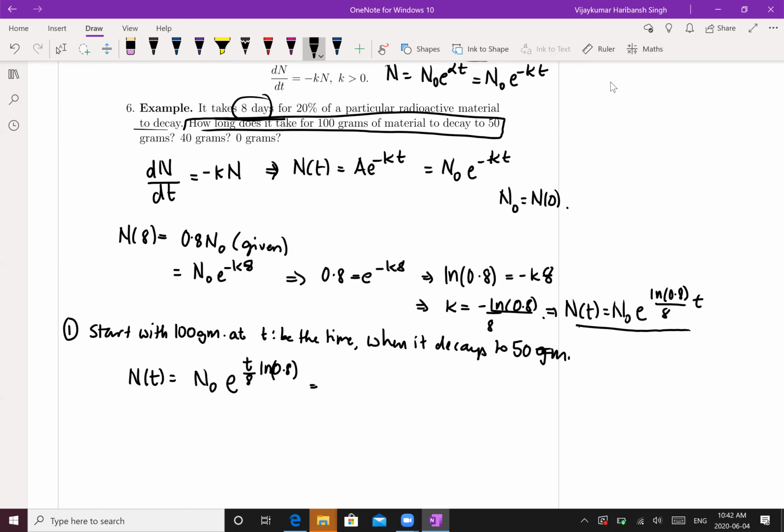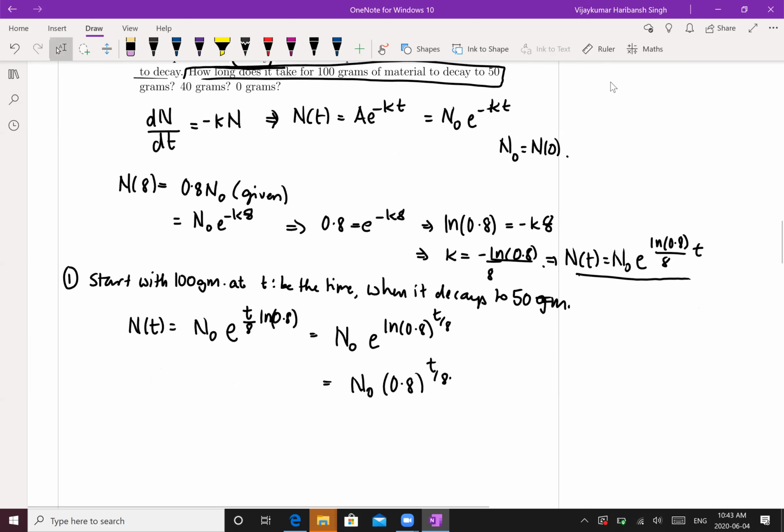Now note that this can go in the power. So this is going to be ln of 0.8 whole power t by 8. And ln and e are inverse of each other, so you basically get N0 times 0.8 to the power t by 8.